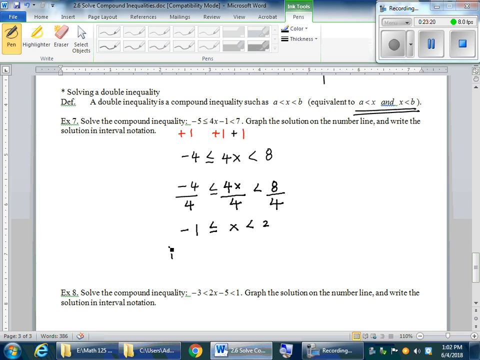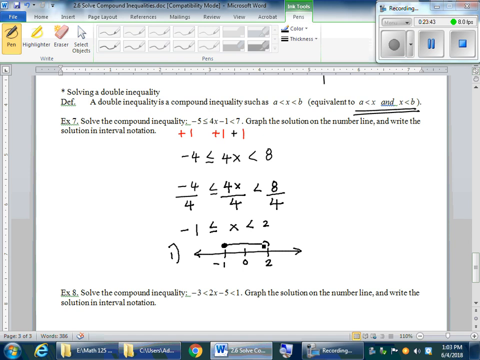So my graph will be, here's a real number line, here's negative 1, here's 0, here's 2. Negative 1 is less than or equal to, so it will be a closed circle, and 2, right, it's an open circle, not inclusive. So our answer will be between these two.